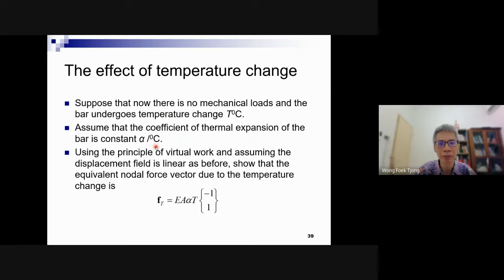And then we can prove later using the same principle that FT is like this, given by EA alpha T times minus 1, 1. Okay. The equivalent nodal force due to temperature change is equal to this one.